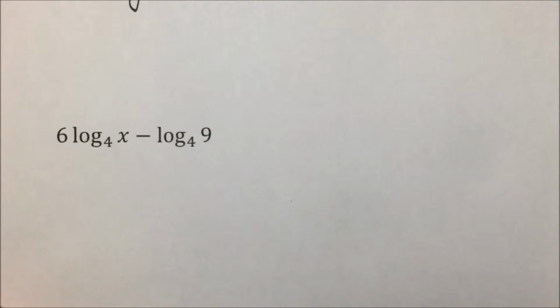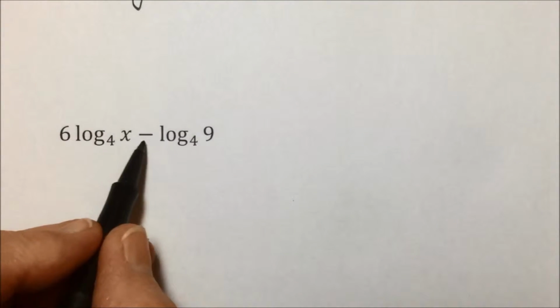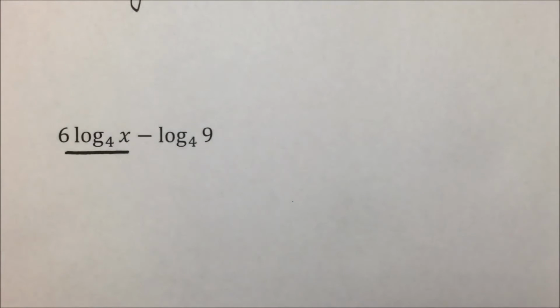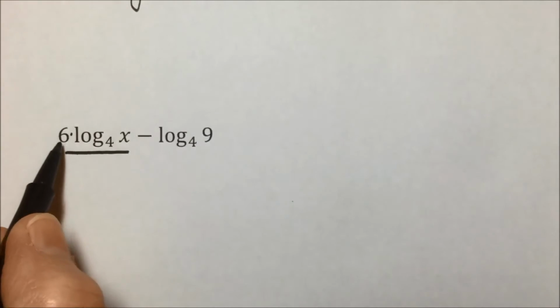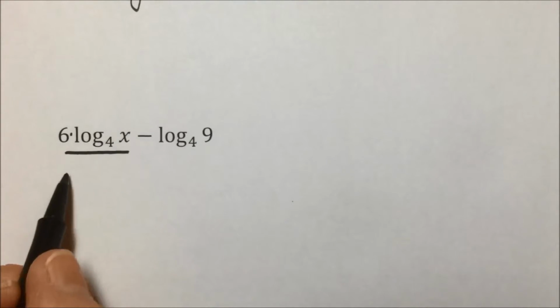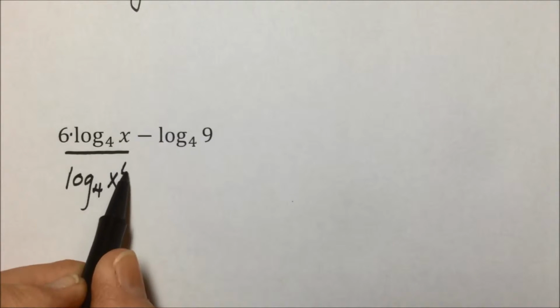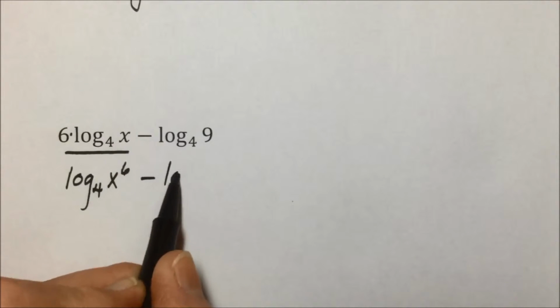In the next problem, we need to watch our order of operations. We have multiplication before subtraction, and if we just look at this first logarithmic form, we can use the power rule. If we have a coefficient, an equivalent expression would be log base 4 of x to the 6th power.